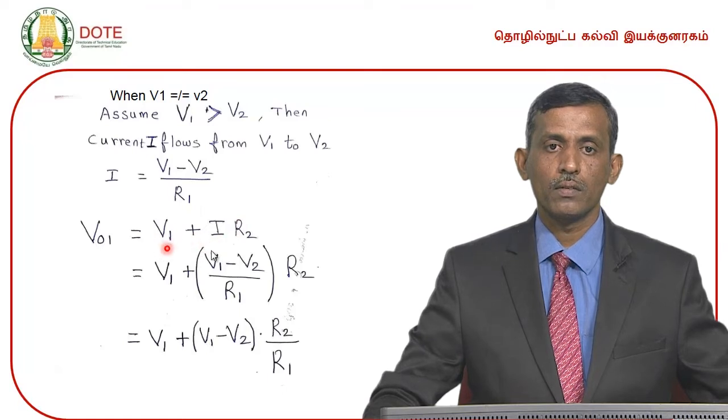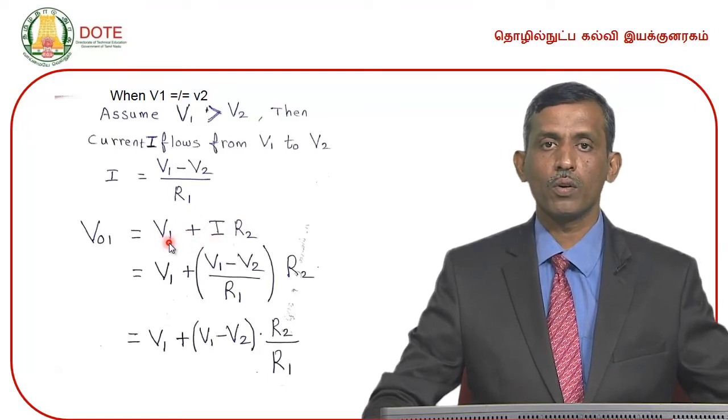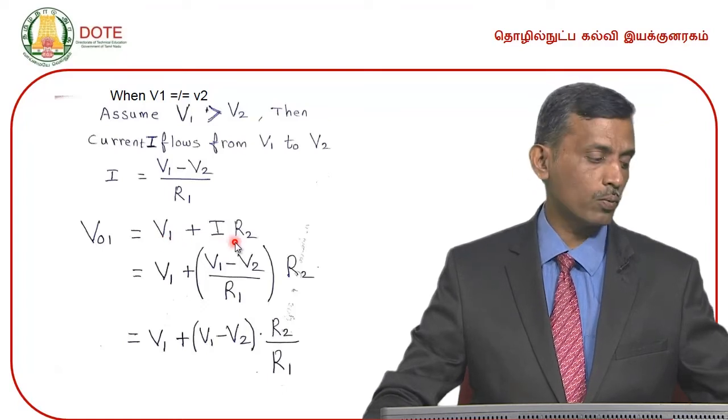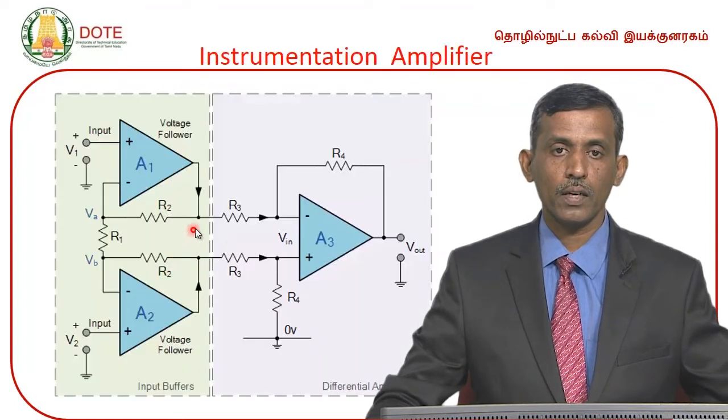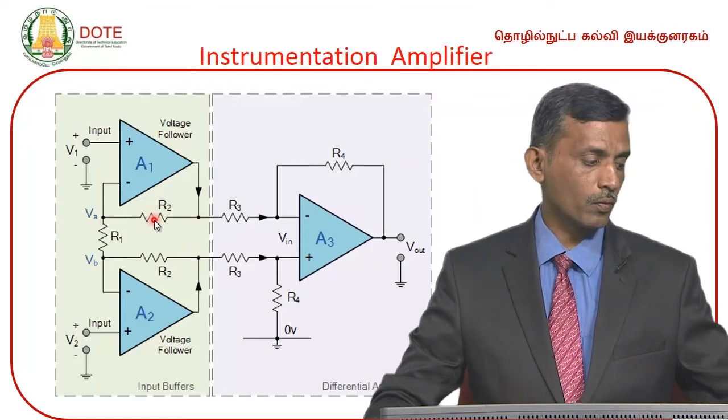This is what we have written here, VA is equal to V1, so VO1 equal to V1 plus IR2.